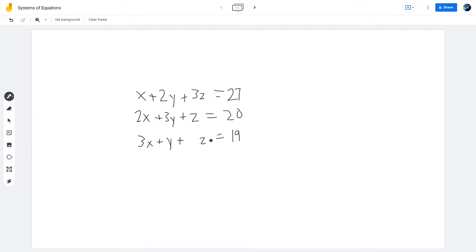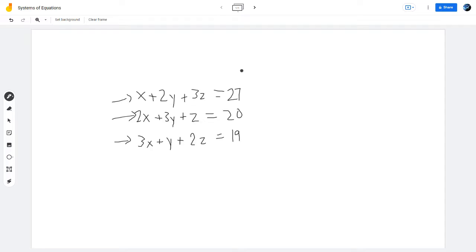You want to use elimination here somehow. So how are we going to ever do that? Well, you can notice that each of them cycles through 1, 2, and 3. X has these 3 coefficients, so does y, so does z.